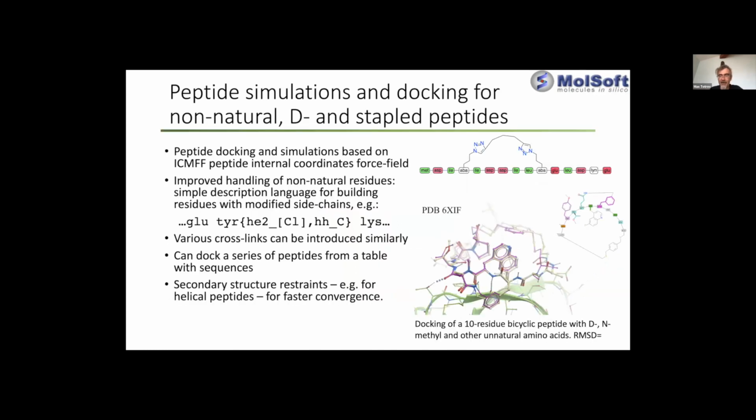And then, really rapidly, features that I wanted to highlight. Improvements in peptide simulations and docking. We added the ability to quickly build and simulate non-natural peptides, stapled peptides. We can redock quite complex structures there. We can also plot them in this, I think, fairly nice, compact way.